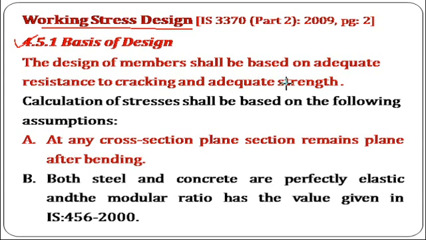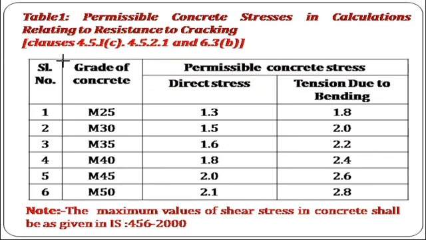As per 4.5.1, design basis, it is given in this clause on page number 2 of IS 3370 Part 2. This is Table number 1, permissible concrete stress in calculations relating to resistance to cracking, which is again given in IS 3370.